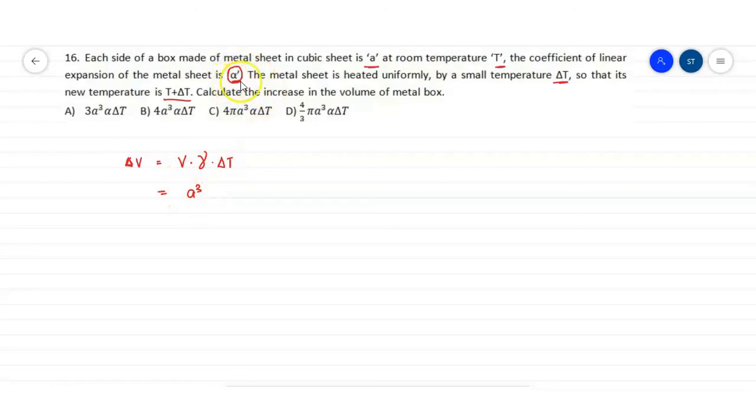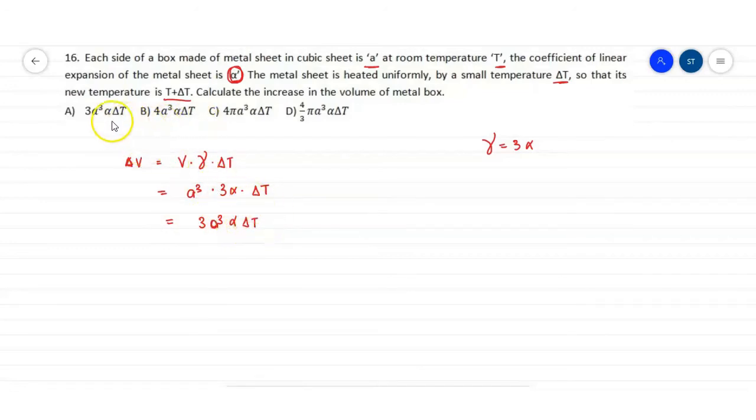Here we are given with linear coefficient of expansion alpha, and here we have to use gamma. The relation which we all know, gamma is equal to 3 alpha. So this will be into 3 alpha. Delta T is directly given as delta T. So this will be equal to 3 A cube alpha into delta T.